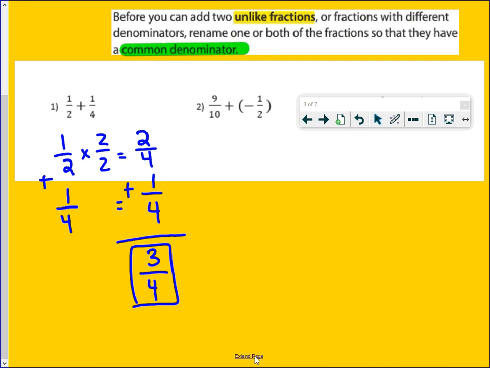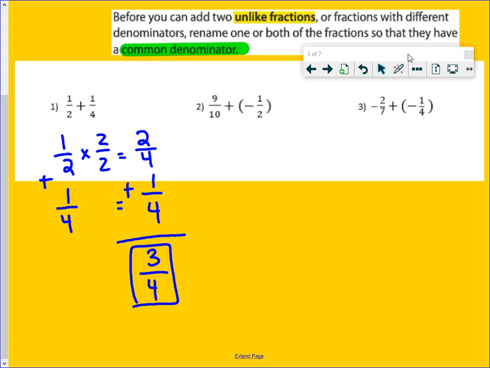If you look at the next one, our denominators are different. This one's mental math as well. Our common denominator is going to be 10. So we're going to rewrite these. But if you notice here, we have a negative and a positive, so we're going to be subtracting these. Let's rewrite them first. So we have 9/10, so we know which one's bigger, a little smaller, plus a negative 1/2.